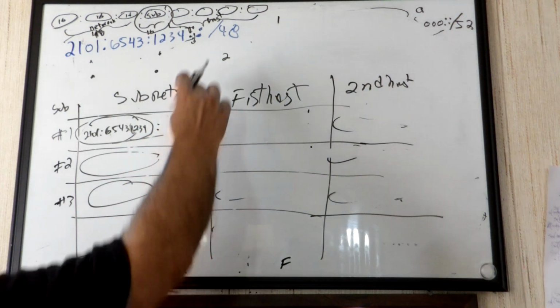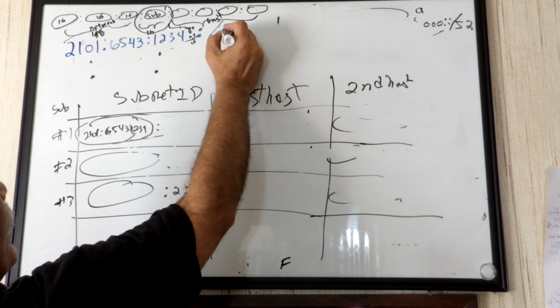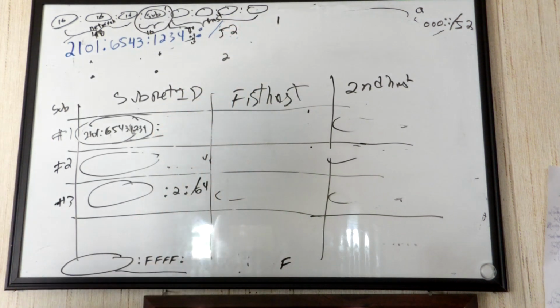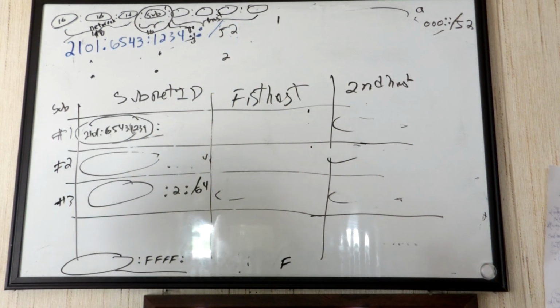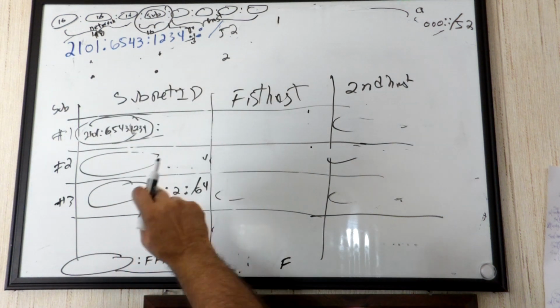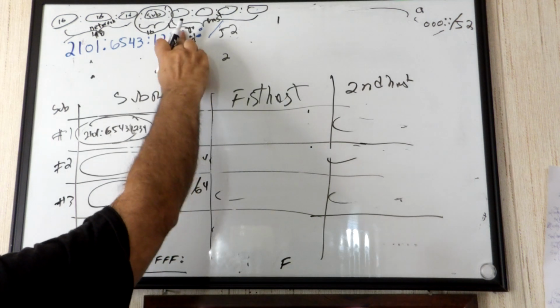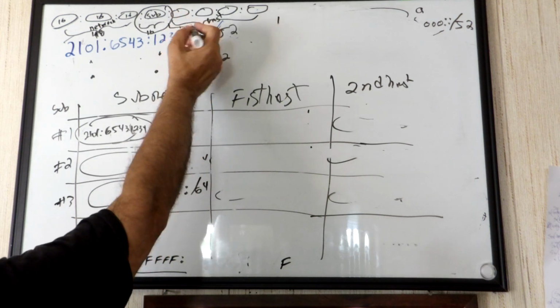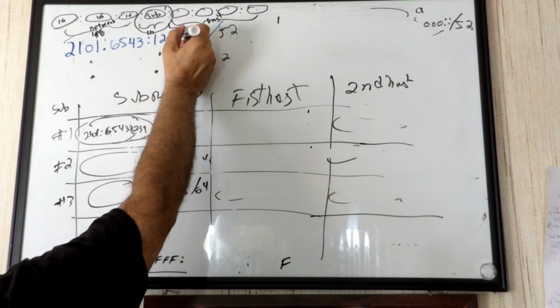Now for the subnet 52, what is going to be this? 52. I said these are going to be changed. 1, 2, 3, and then 0.